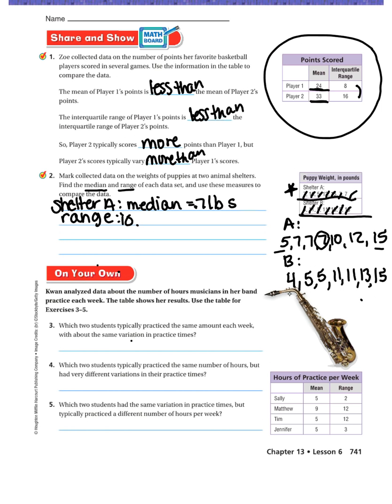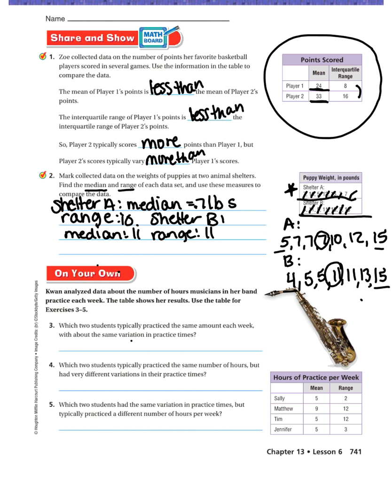Now your highest number is 15, your lowest number is 4, which means your range is going to be 11. Your middle number here is going to be 11. So for shelter B, your median is 11, range is also 11.